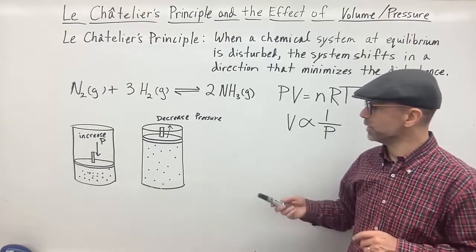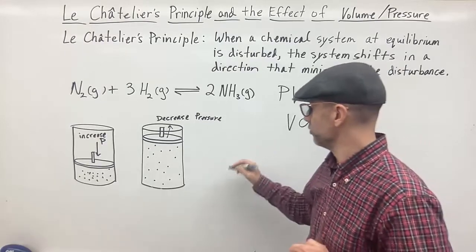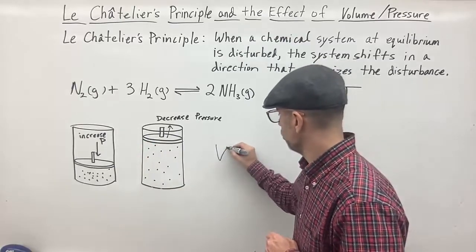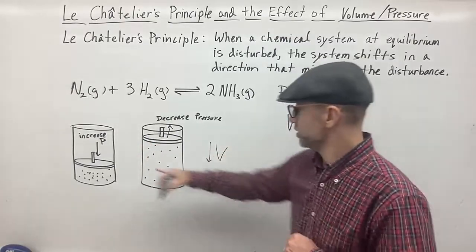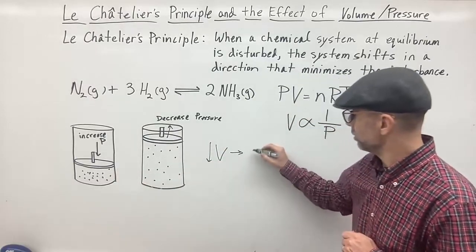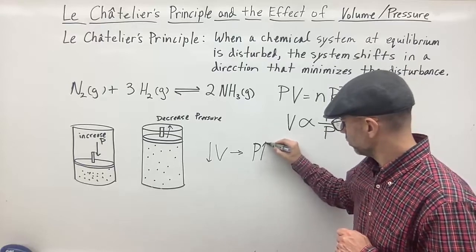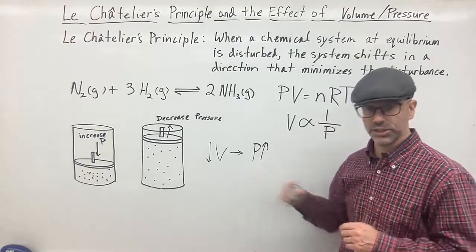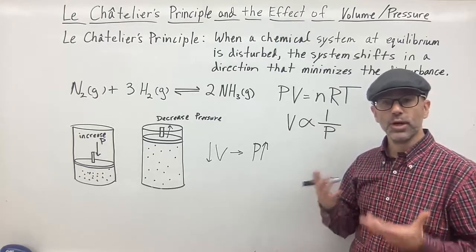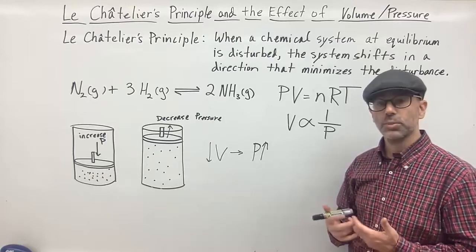So, for example, let's say that we're decreasing volume. That means that the pressure is going to increase. So we're increasing pressure. Well, what does the system need to do to decrease the pressure?